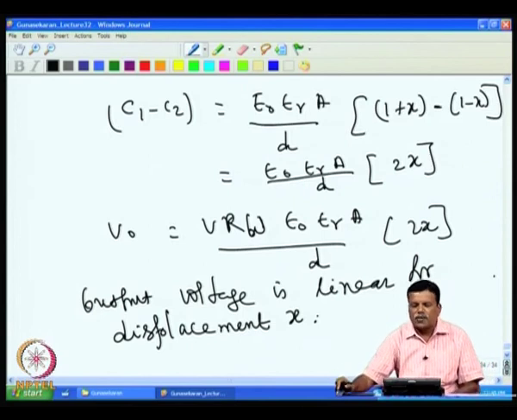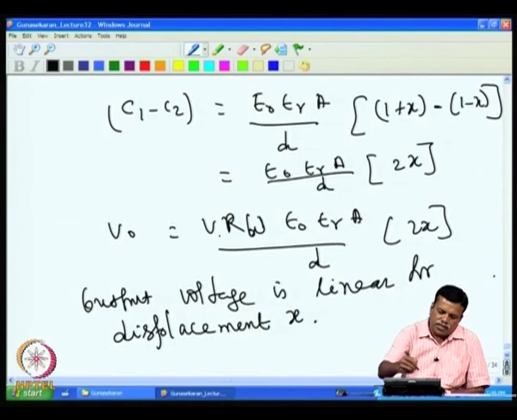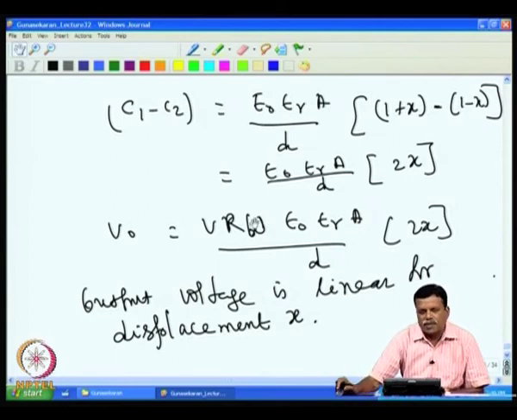This is good because we can have our output voltage measuring the displacement linearly. Of course, it is still sensitive to all the parameters that we can think of. You have your V variation, R variation, omega variation, everything still has a problem.